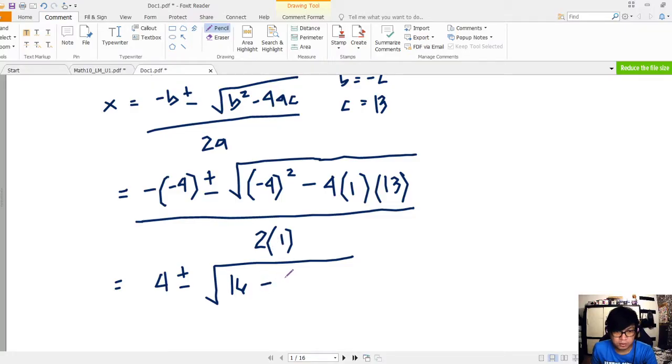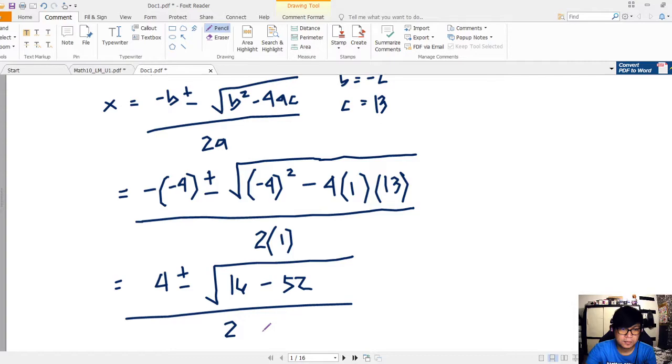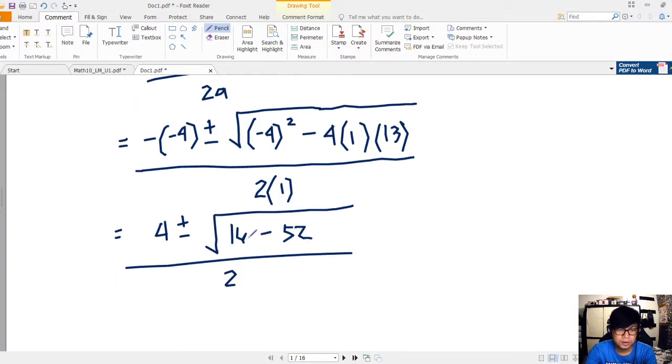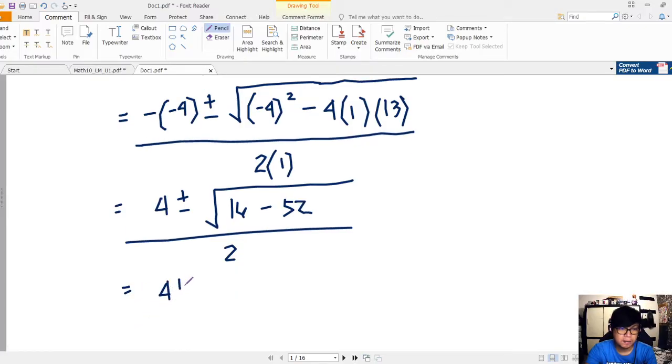So minus 52 all over 2. 2 times 1 is 2. Next, 4 plus minus. So 16 minus 52 is 36. Negative 36 over 2.